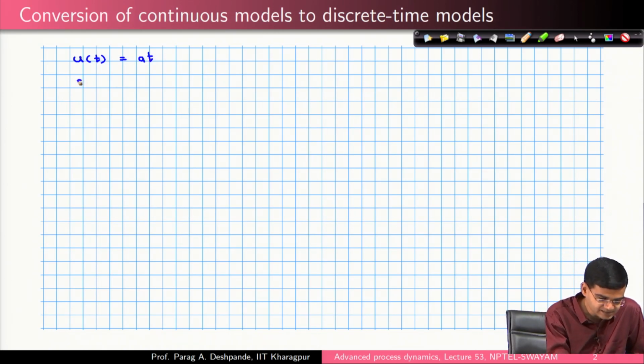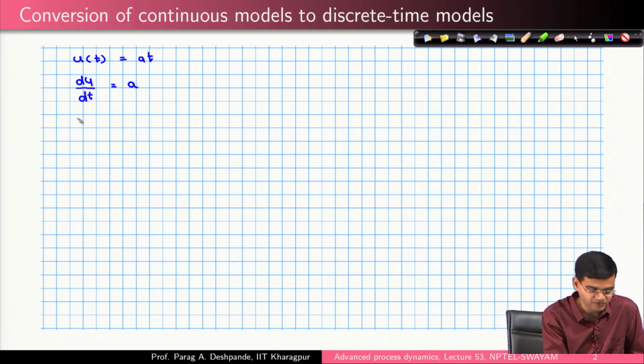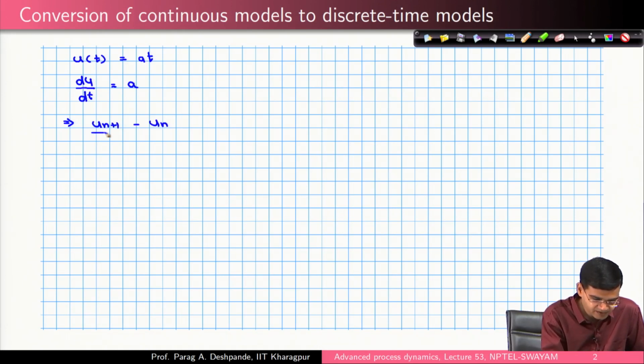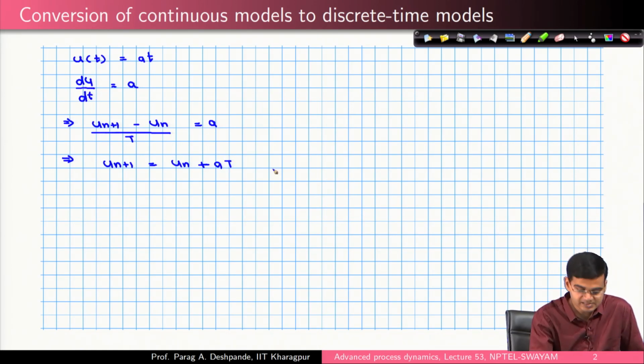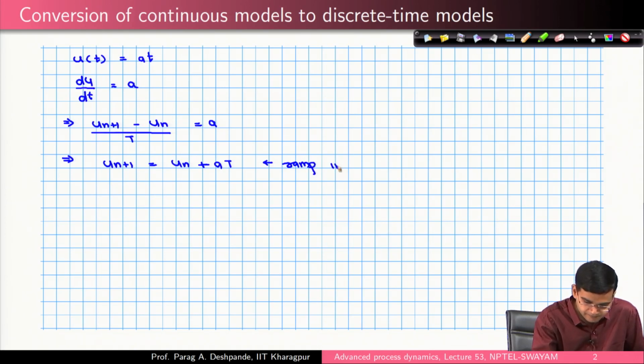I can write this as du/dt is equal to a, from where I can write (u of n plus 1 minus u n) divided by T is equal to a. In other words, u of n plus 1 is equal to u n plus aT. This is the ramp input.